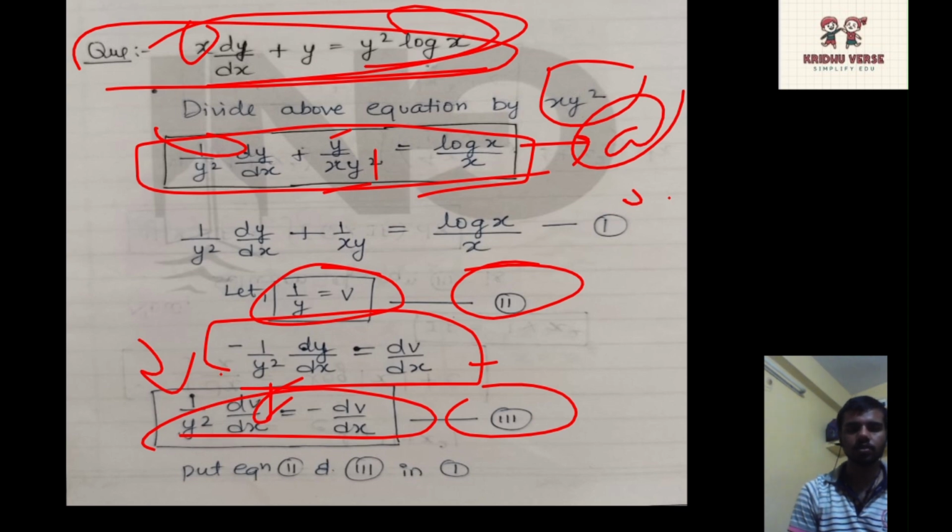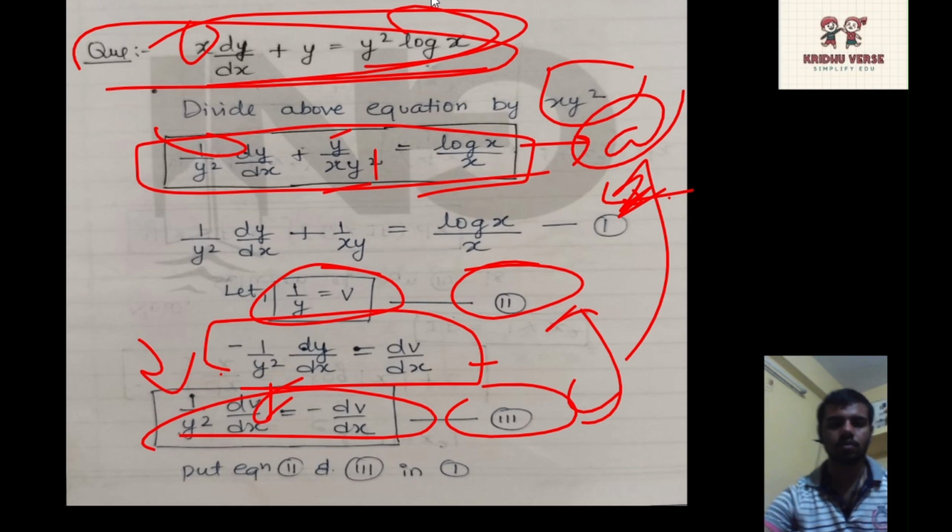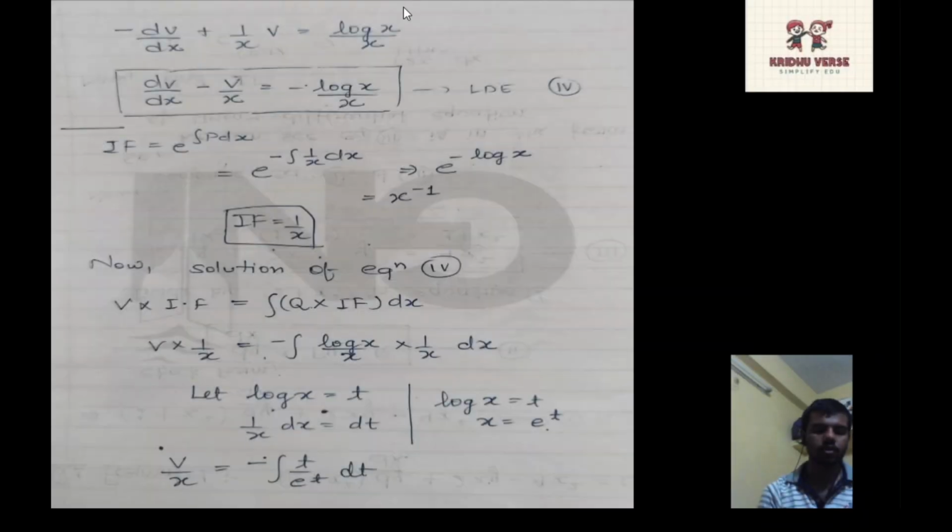Now equation number 2 and 3, these two we have to put in equation number 1. After putting the values, we get minus dv/dx plus v/x equal to log x over x.